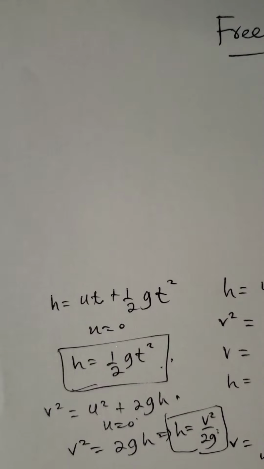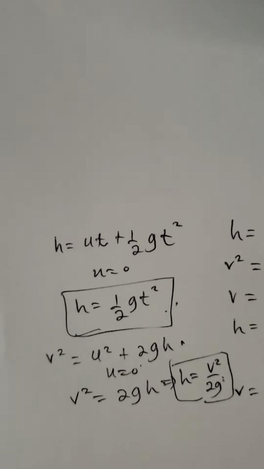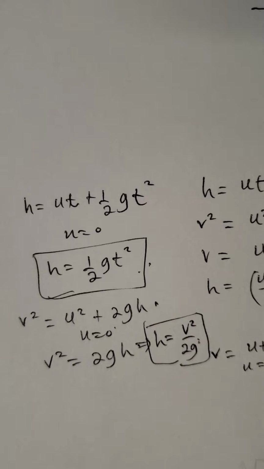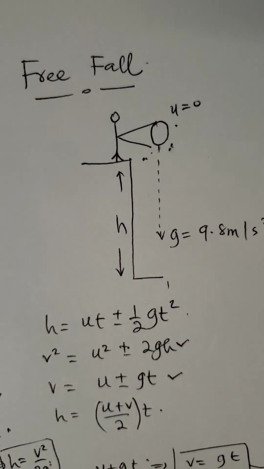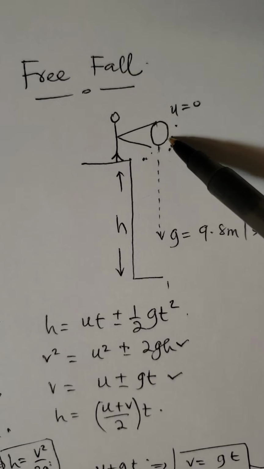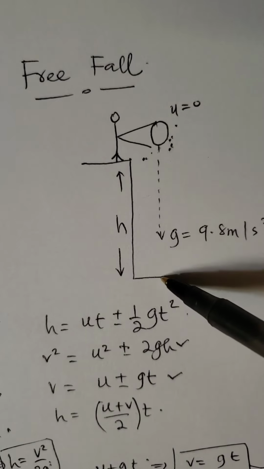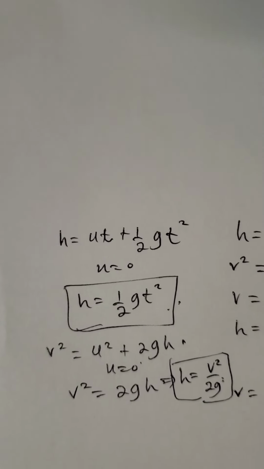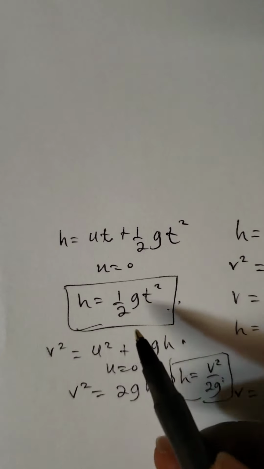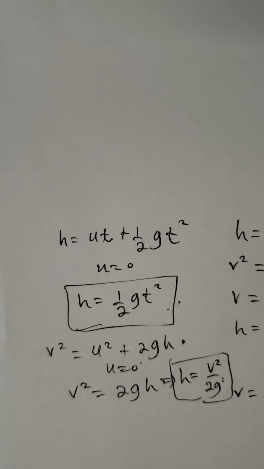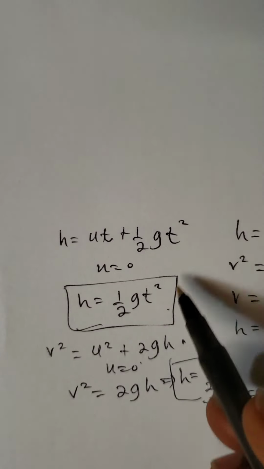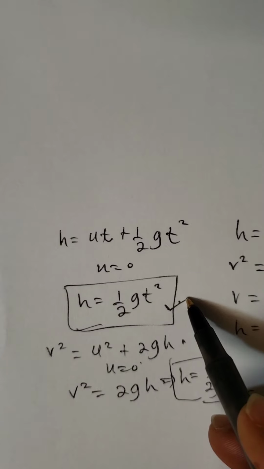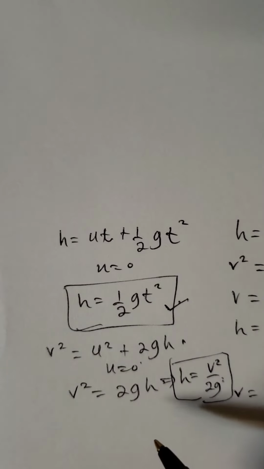Now lastly, I want to show you how we can calculate the time it takes to fall this distance. That is to say, the time it takes for this object to fall from this height here to the ground. Now how can we deduce that? We can deduce that using our first equation, which is h equals ut plus half gt squared. Now from this formula here, we can make t the subject of the formula.